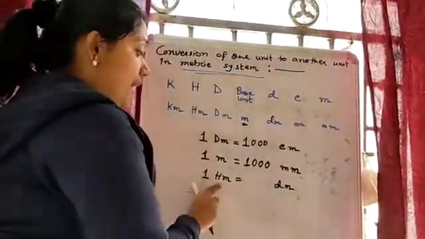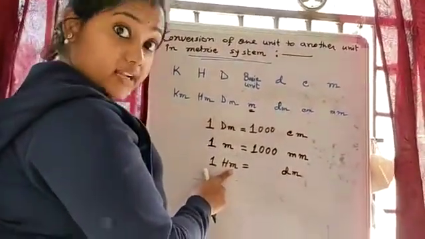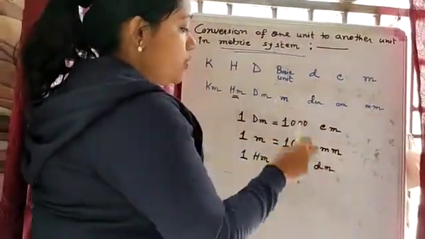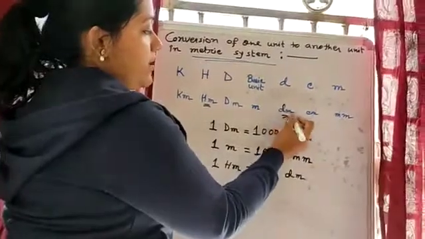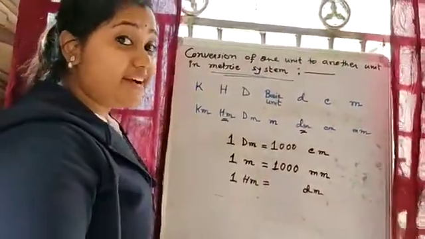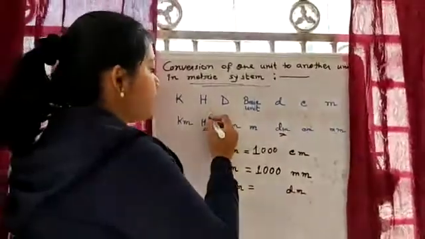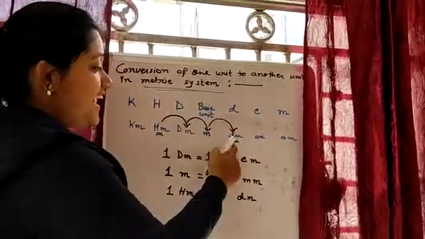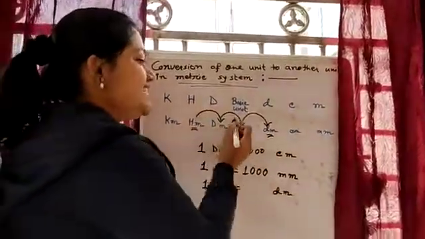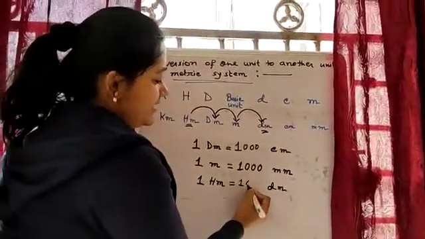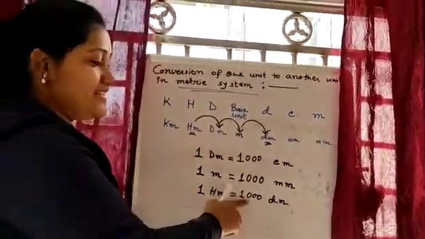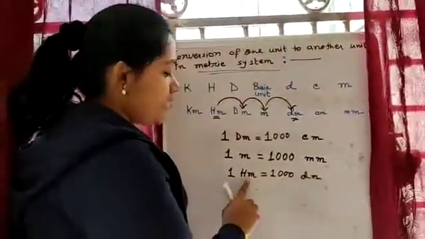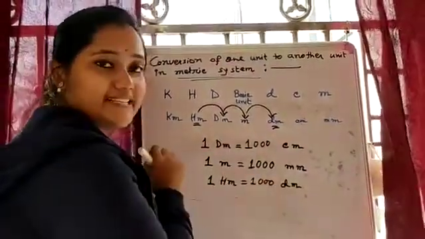Second, where am I? I am at hectometer. Where do I want to go? I want to go to decimeter. So let us find out how many steps there are. 1, 2, 3. Yay, I have reached. So 3 steps I have jumped. So 10 to the power 3, that is 1000 decimeter. So 1 hectometer equals 1000 decimeter.